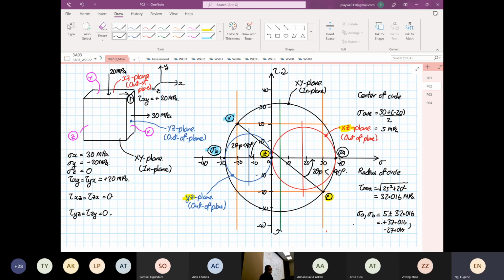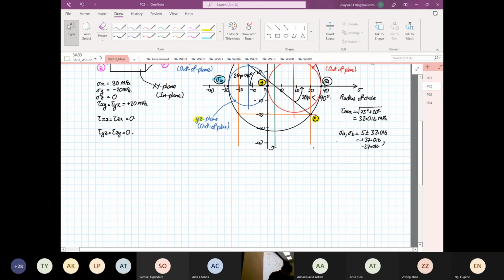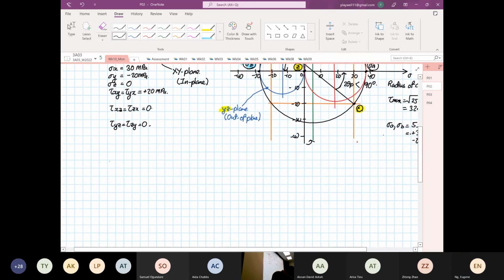So let's look at condition number 1. We are going to again have an element, and we're going to follow the same transformation.